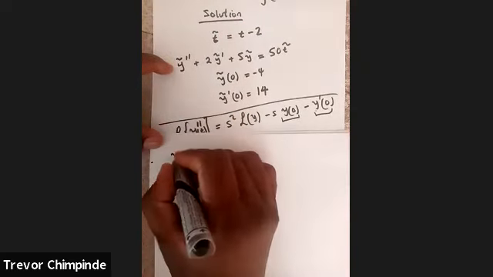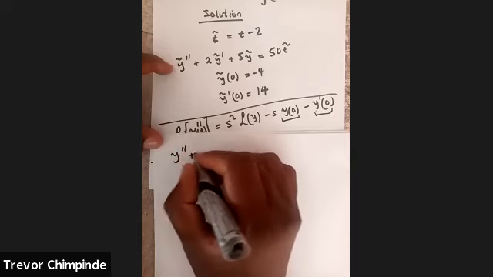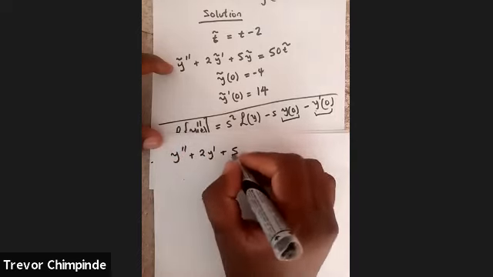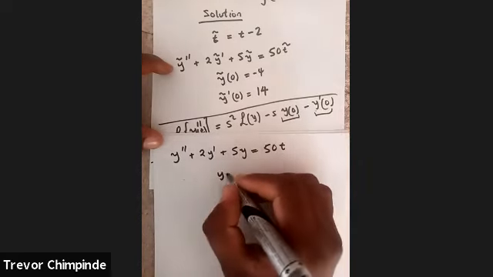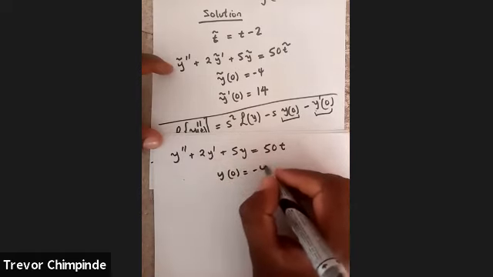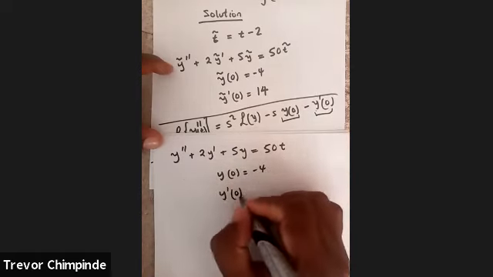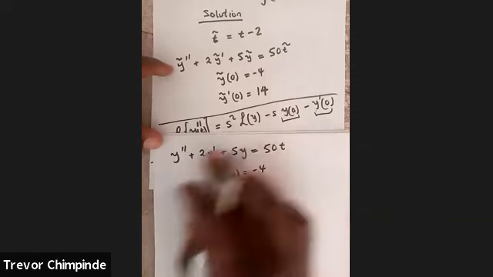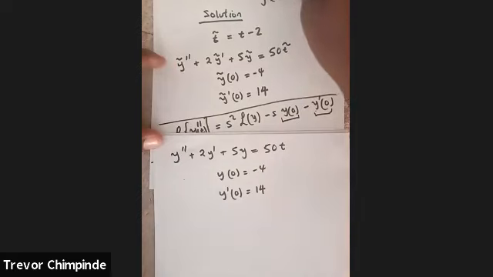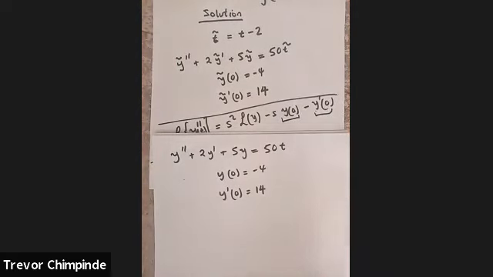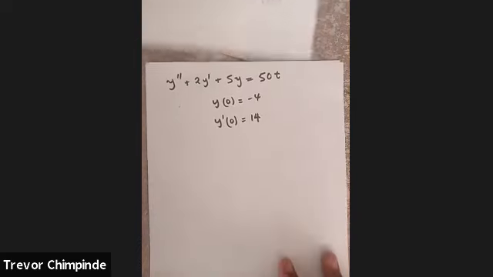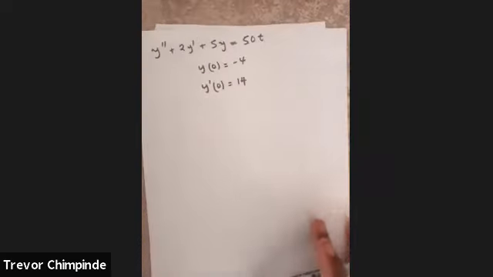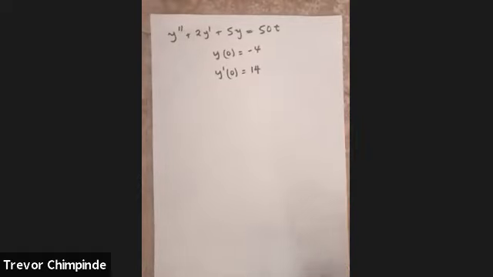So I'll just write it as y double prime plus 2y prime plus 5y is equal to 50t, and say y of 0 is -4 and y prime of 0 is 14. I'll solve this, but I know my original one is different, so I have to go back. I do this just to lessen the work. If you are agreeable, then we can solve this one. These are usually long, but I hope this one won't be too long.